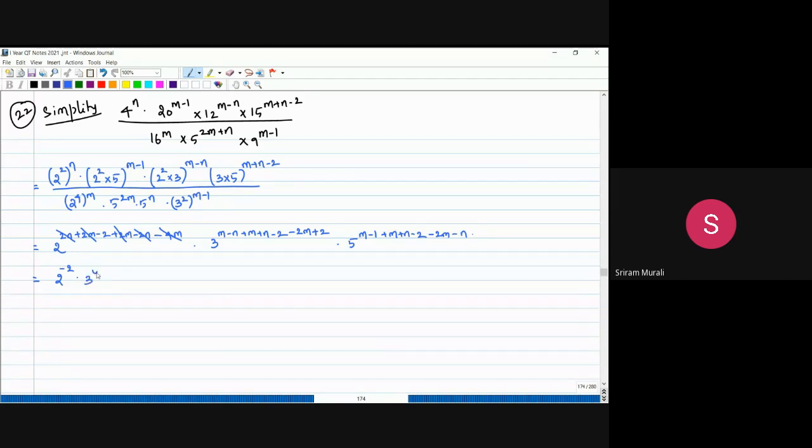It is 3 power 0. It is 5 power minus 3. So I shall write this as 1 by 2 square into 1 by 5 cube. So this is 1 by 1000. Have you understood? Yes, sir.